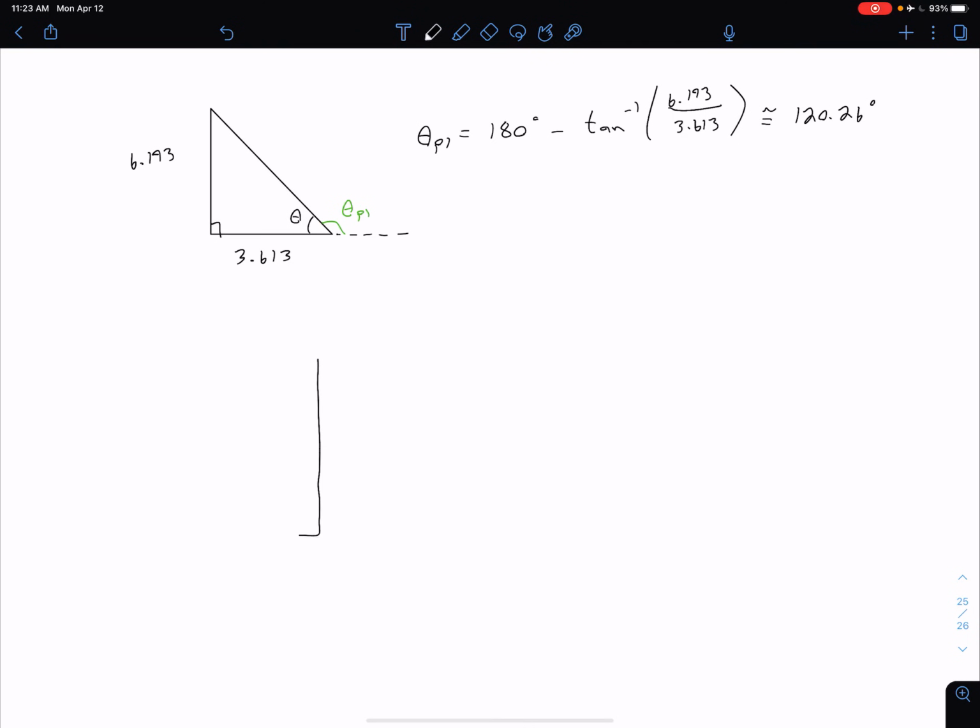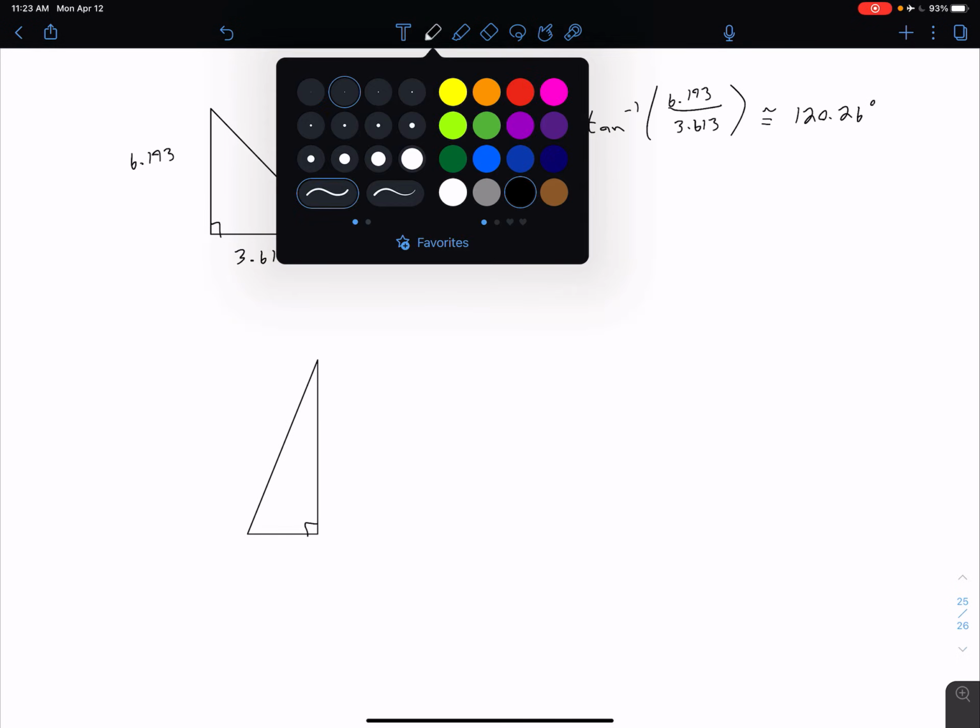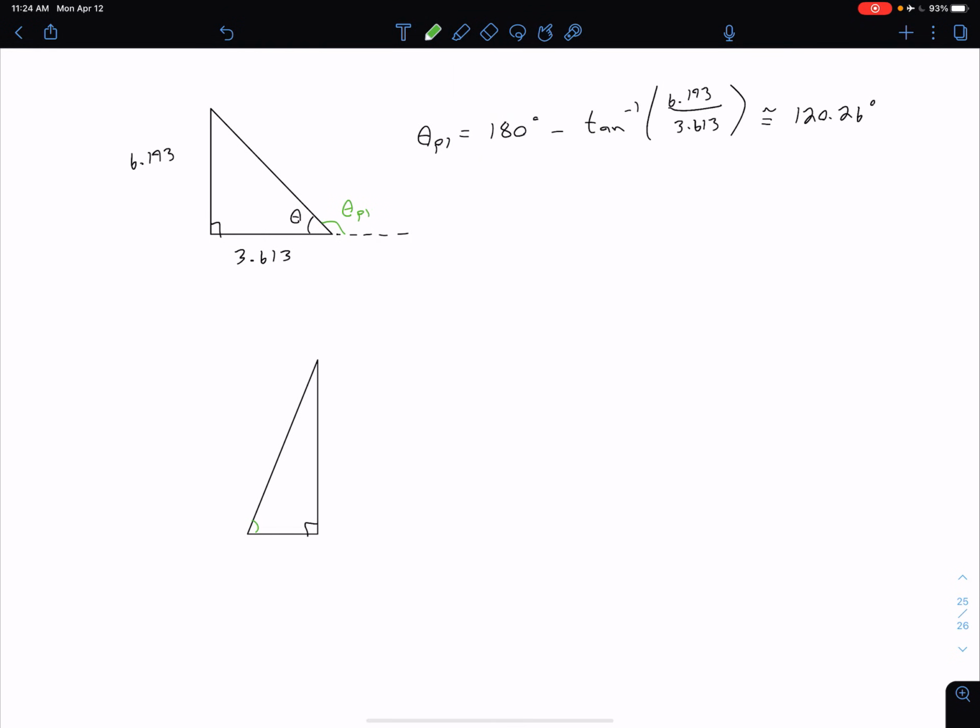So similar approach for our other two angles. Let's draw another right triangle, and that's going to be like this for our theta P2, except now our theta P2 angle is going to be inside of the triangle, so we're not going to need that minus 180. And so we still have this height of 6.193. However, now our length of the bottom is going to be 4 minus 3.613.